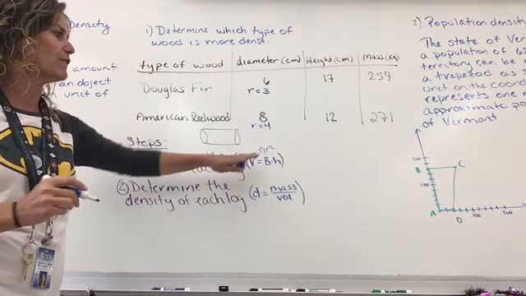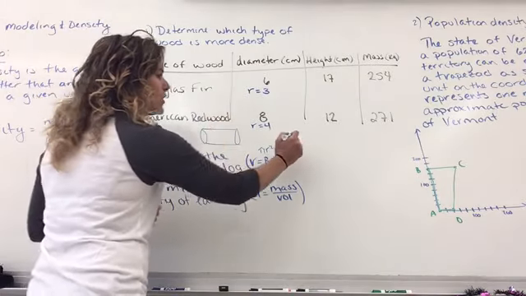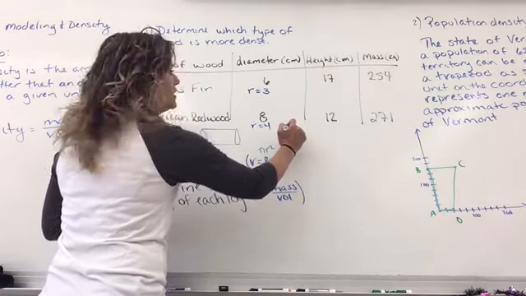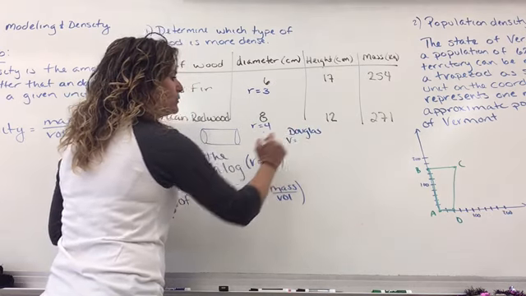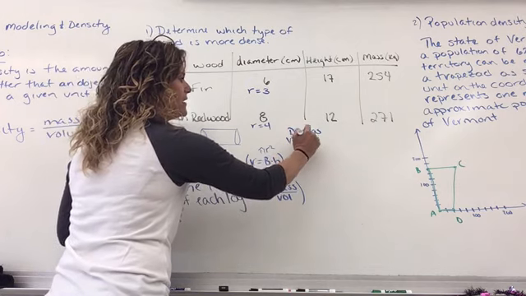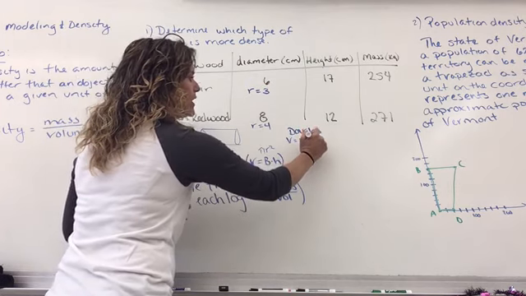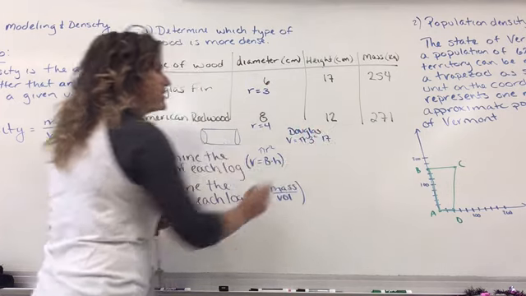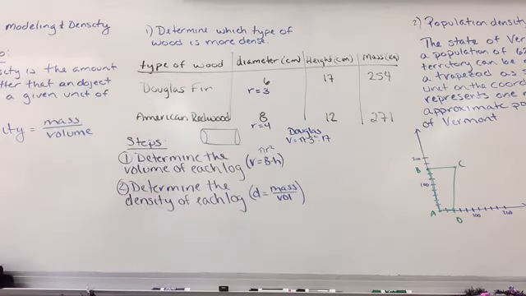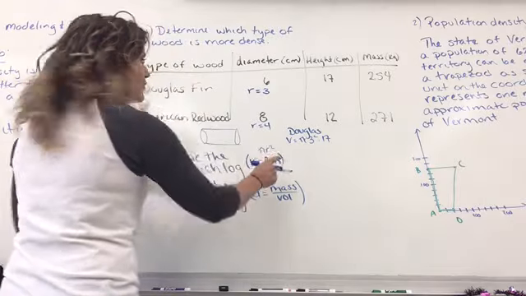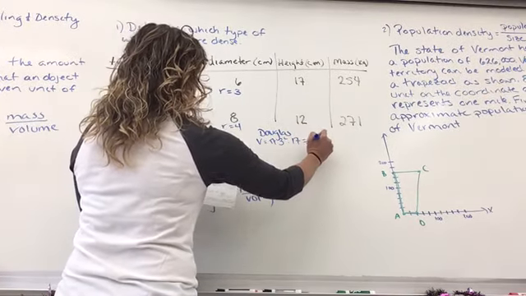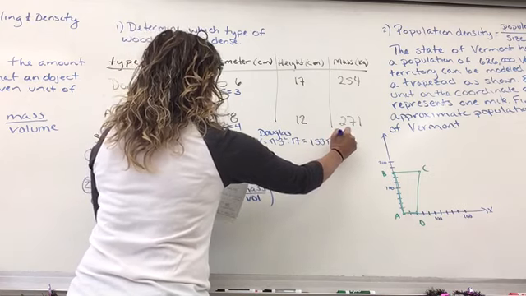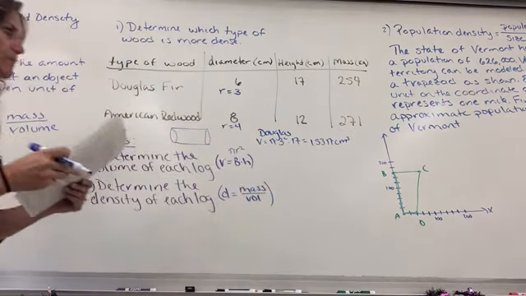So we're going to use our formula, and for the Douglas fir, the volume is pi times r, which is 3 squared, times the height, which is 17. When we multiply that all together, 3 squared is 9 times 17, which gives us a total of 153 pi centimeters cubed.